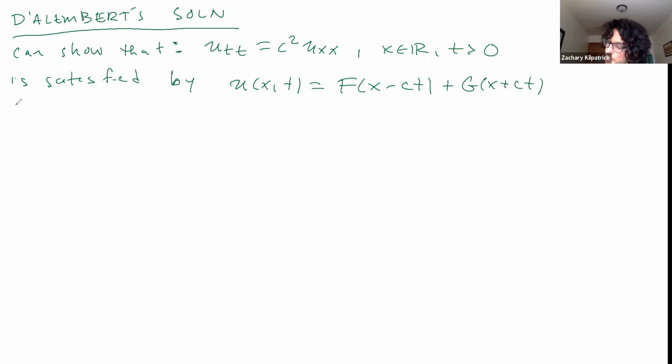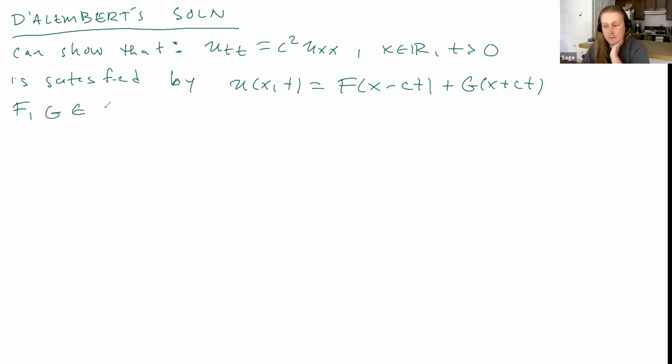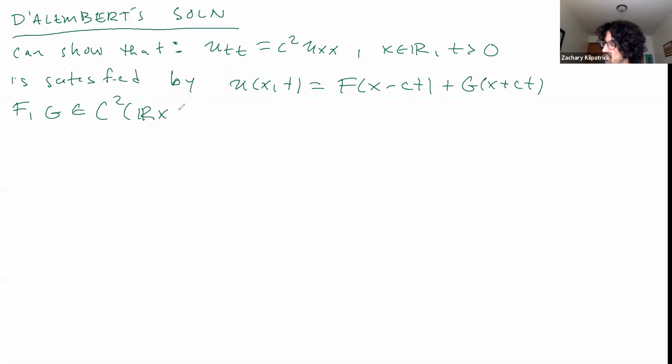And in particular, if we want this to be a classical solution, we need these functions to be what? In C2. Exactly. So we need them to be in C2 on our X domain and on our T domain here.